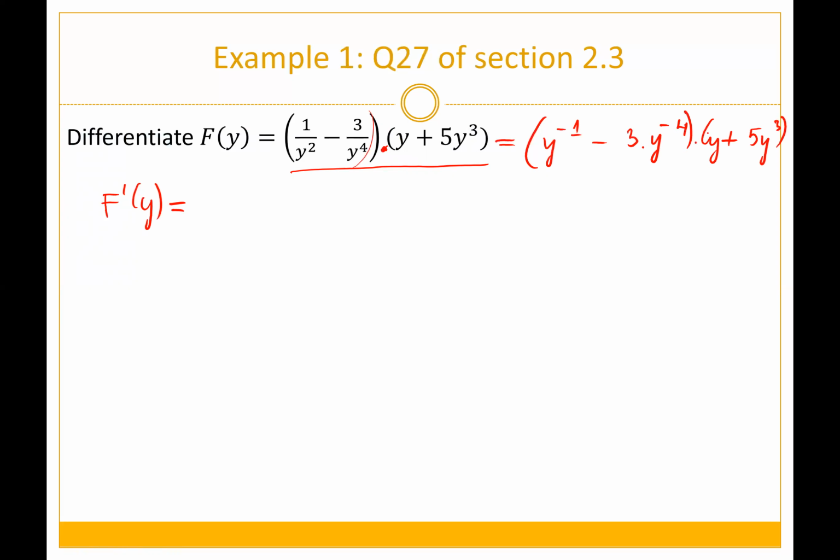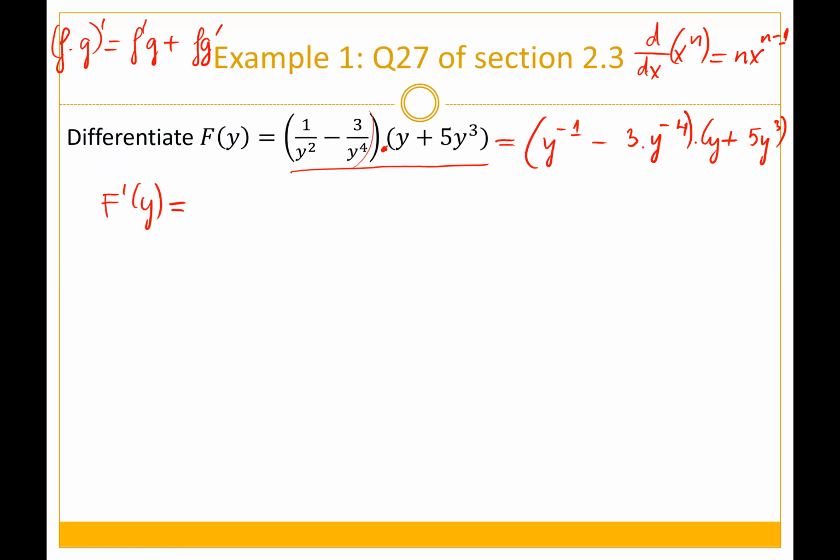The reason I did this is that I try to put it into the form of a polynomial so that we can use this general formula, n x to the n minus 1. The product rule is f prime g plus f g prime.